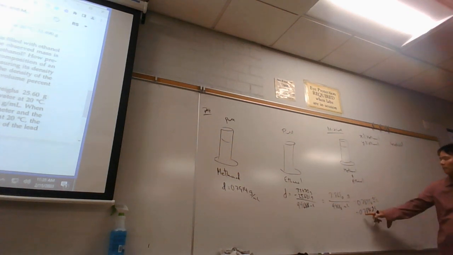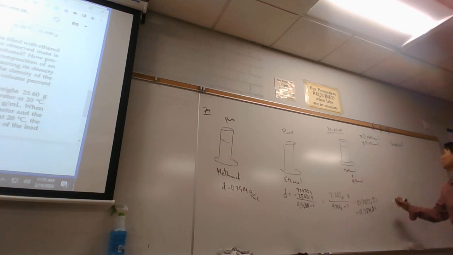Looks like ethanol has a little lower density. Do you see that? And so graphically, I'm going to make a graph like this. At one end of the graph, I have 100% ethanol. If I have 100% ethanol, how much methanol do I have? I have 0% methanol.